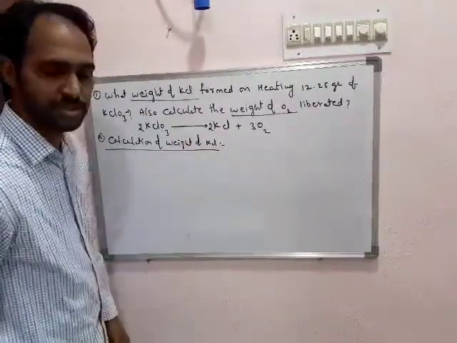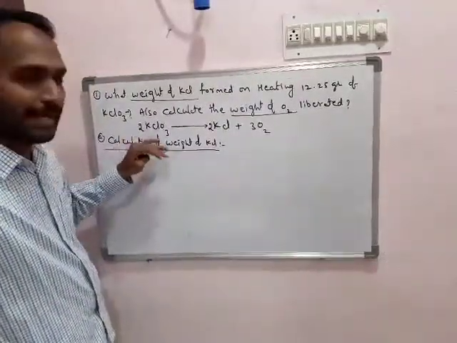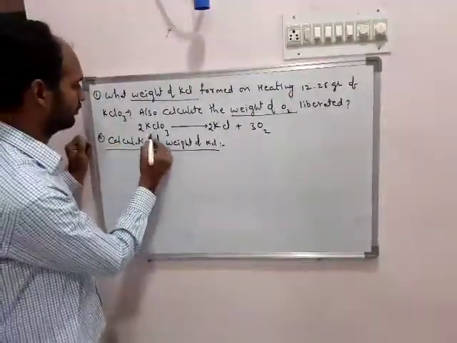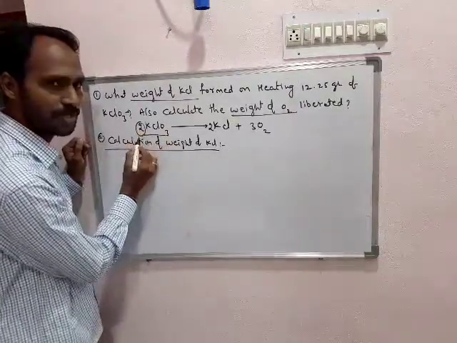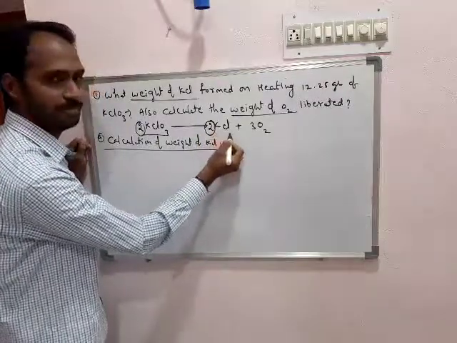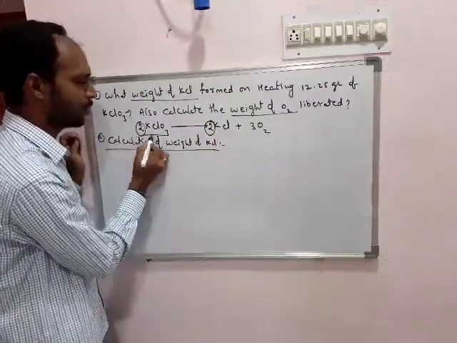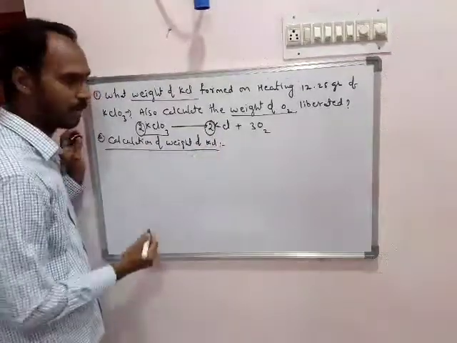According to the balanced equation, 2 moles of potassium chlorate releases 2 moles of potassium chloride.